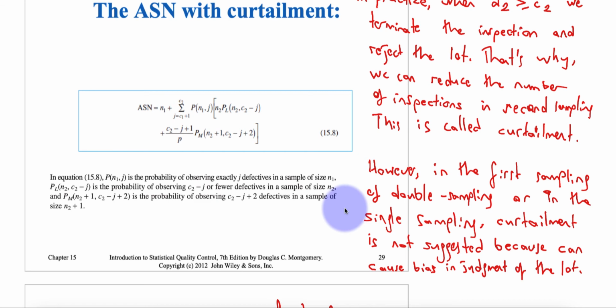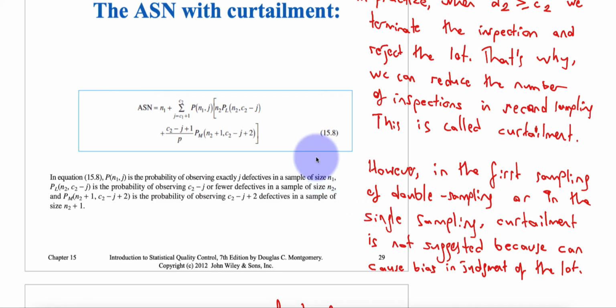They are also useless. But maybe it is not the case. Because of random sampling, maybe the three defectives just come into the first initial inspection, maybe. So that's why in single sampling and the first sampling of the double sampling, we do not suggest to make curtailment. Okay, just go with the 100 inspection in this kind of samples.